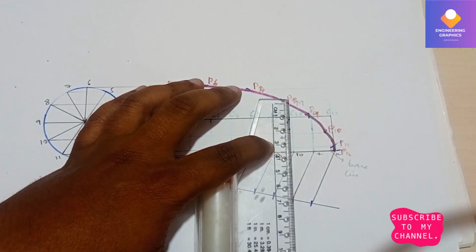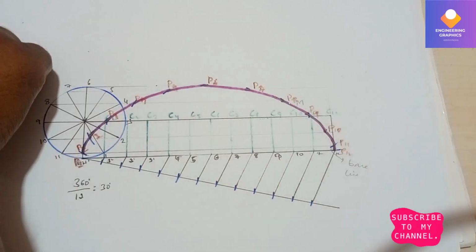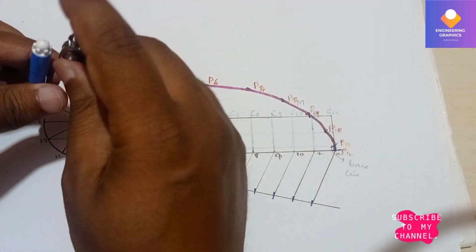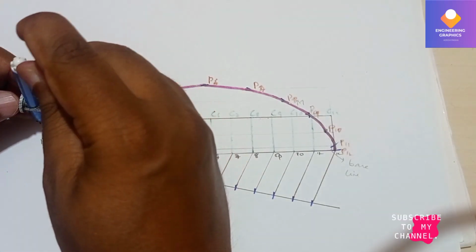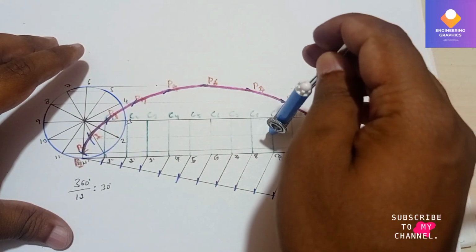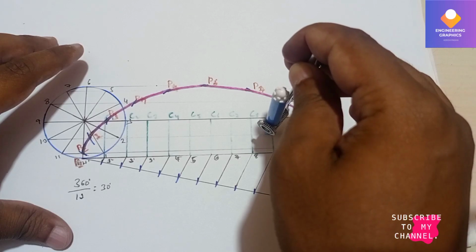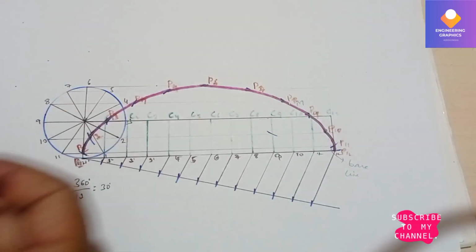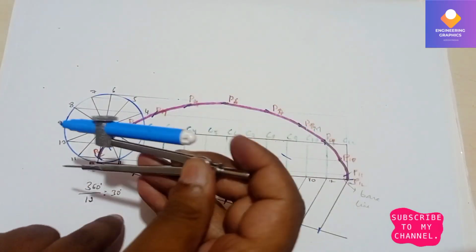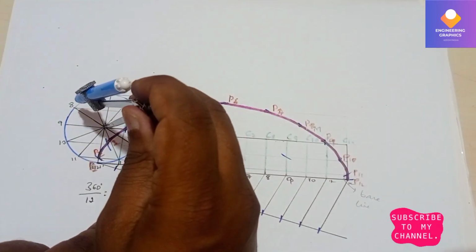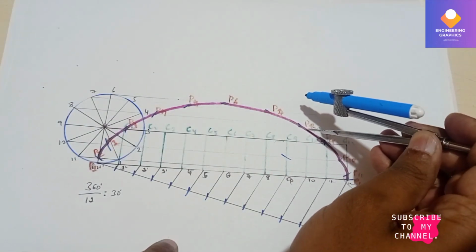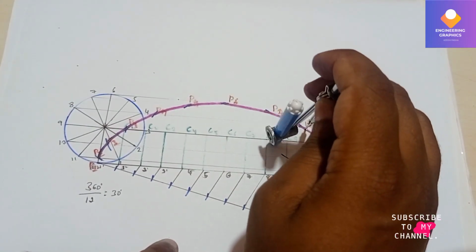So from this point, I need to measure the radius length, this length of 25. So we have measured, then we have to cut an arc. Okay, we have to measure the radius length, which is already measured. So from this point M, you have to cut on this center line.